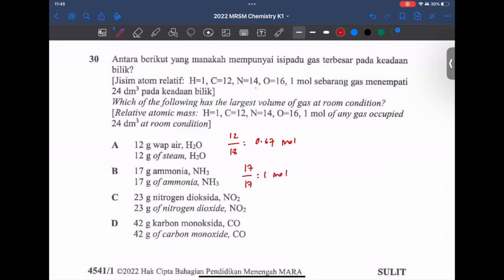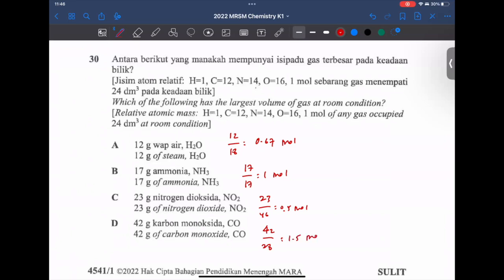NO2 will be 14 plus 32, so it's 46. 23 divided by 46 is 0.5 mole. And carbon monoxide is 12 plus 16, which is 28. So 42 divided by 28 will be 1.5.